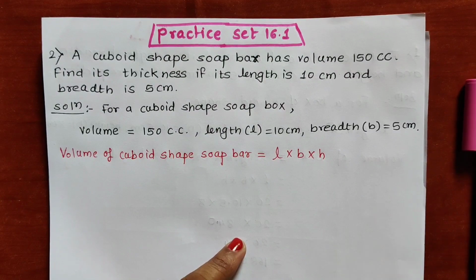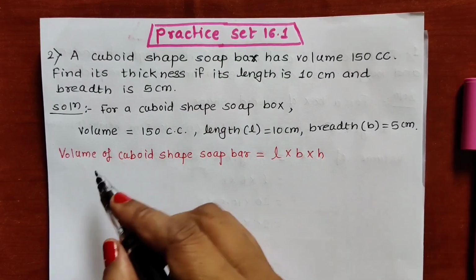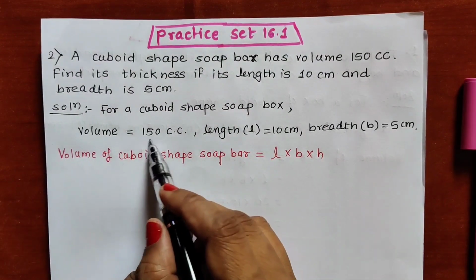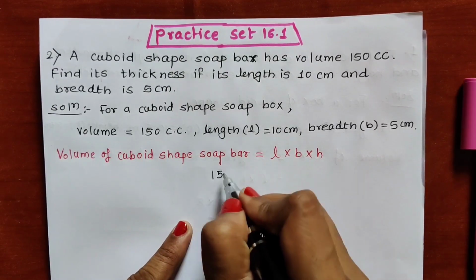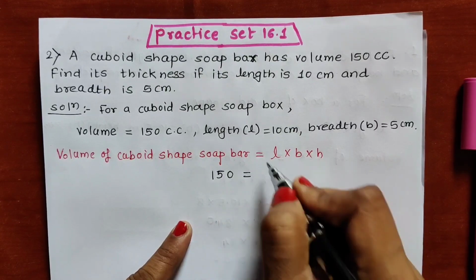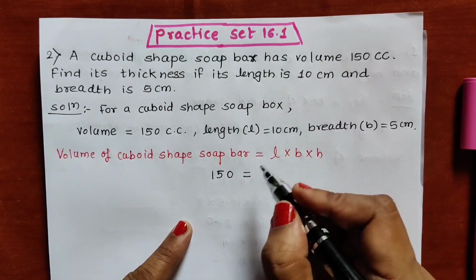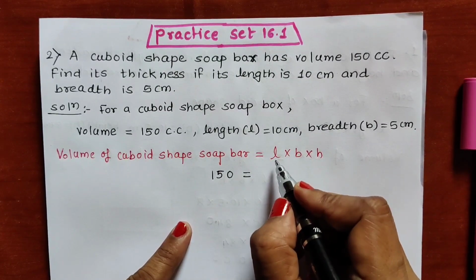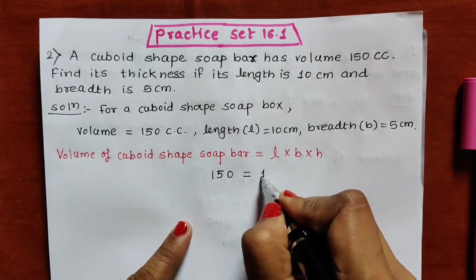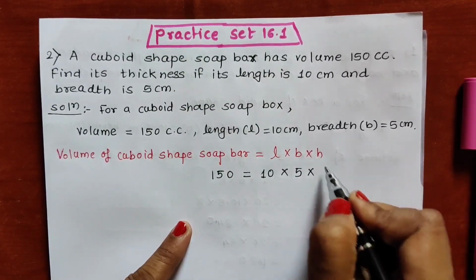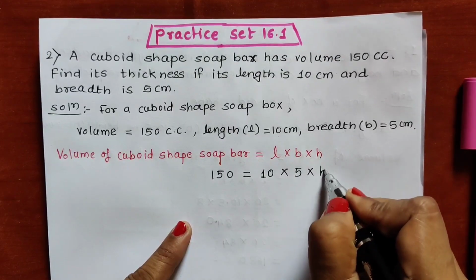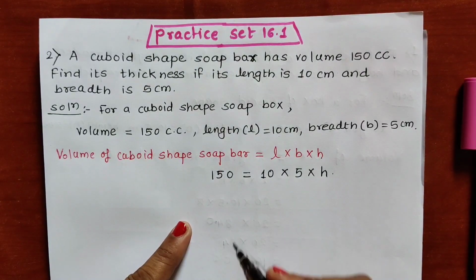Now let us substitute the values. Volume is known to us, it is 150 cc. So below volume we will be writing its value, 150 is equal to, length 10 centimeter, multiplied by breadth 5, multiplied by height or thickness we have to find out. So I write height h as it is.